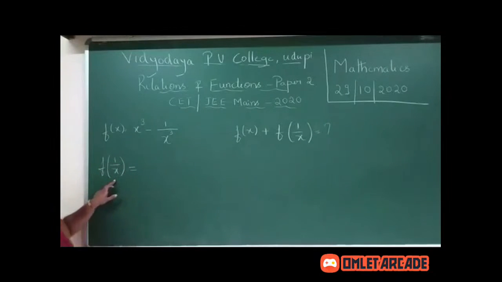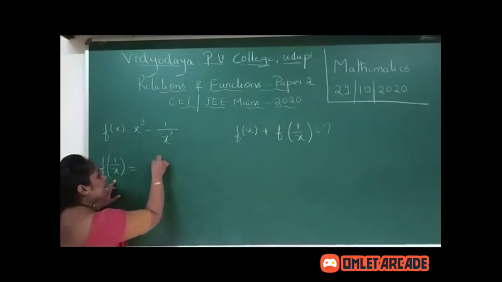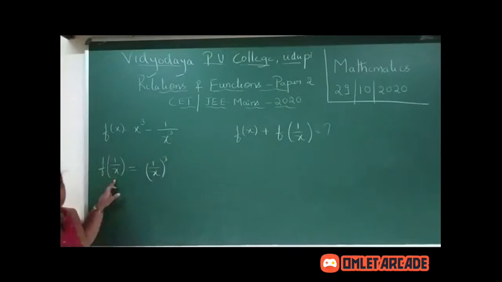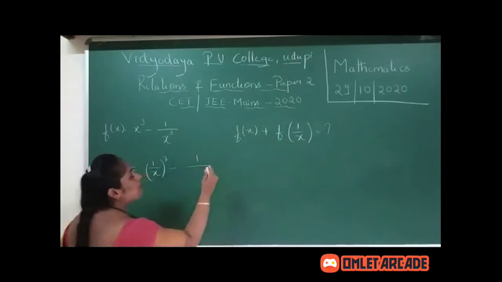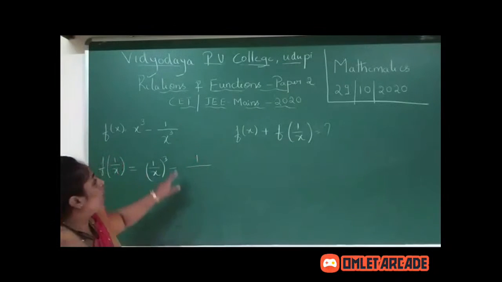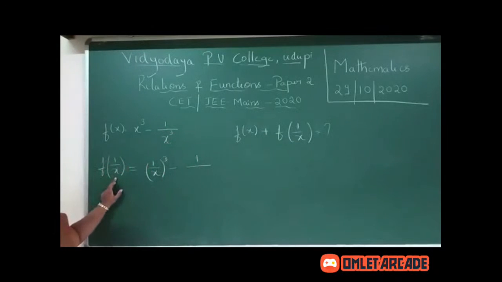So, in the place of x, I substitute 1 by x. So, f of 1 by x will be, in the place of x, I will write 1 by x, the whole cube. If it is 2, 2 cube. If it is y, y cube. If it is 0, 0 cube. Here I am having 1 by x, so 1 by x the whole cube. Minus 1 divided by that. The 1 will not change. Only this x will change because in the place of x I have 1 by x.